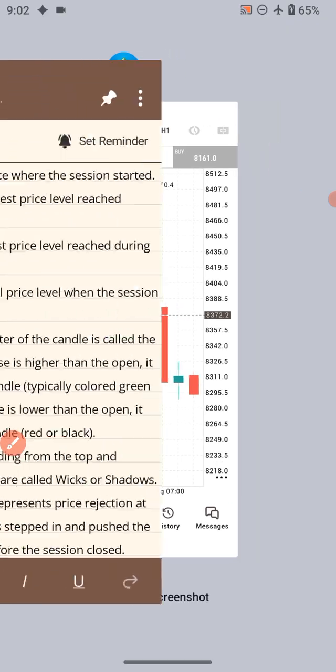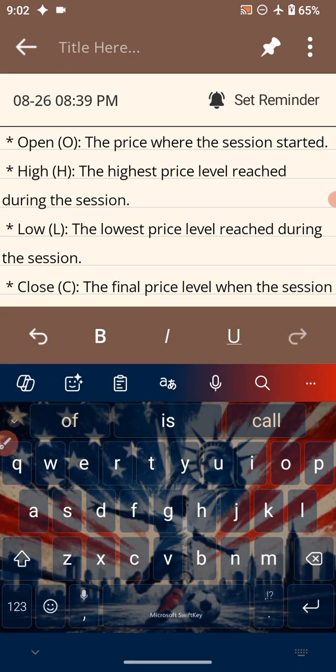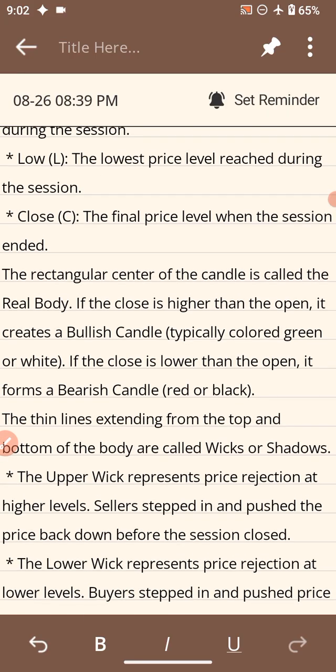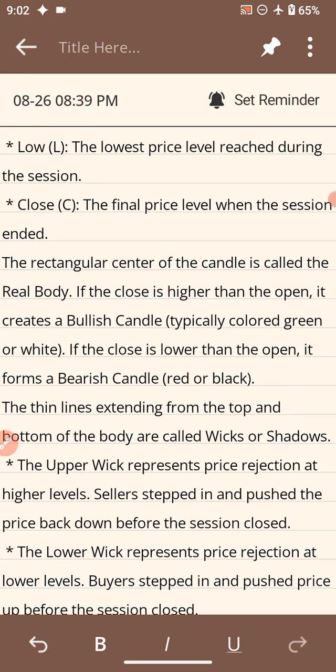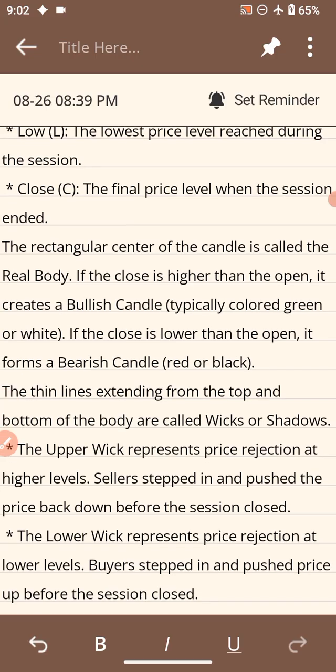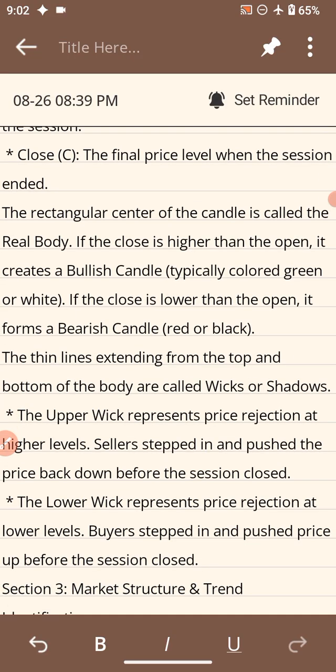So let's go back to what we're reading now. The rectangular center of the candle is called the real body. If the close is higher than the open, it creates a bullish candle, typically colored green or white. If the close is lower than the open, it forms a bearish candle, red or black.